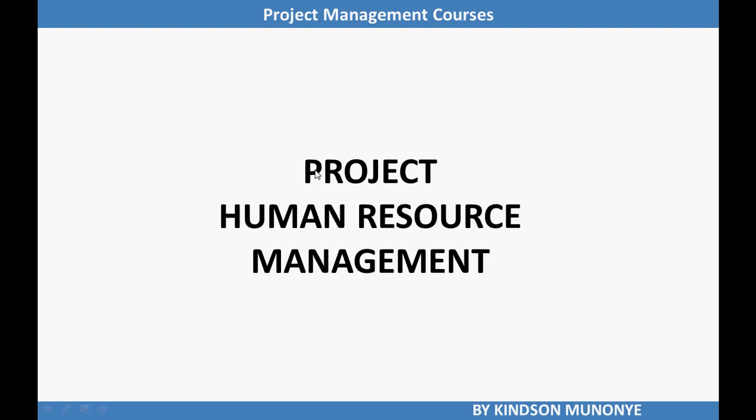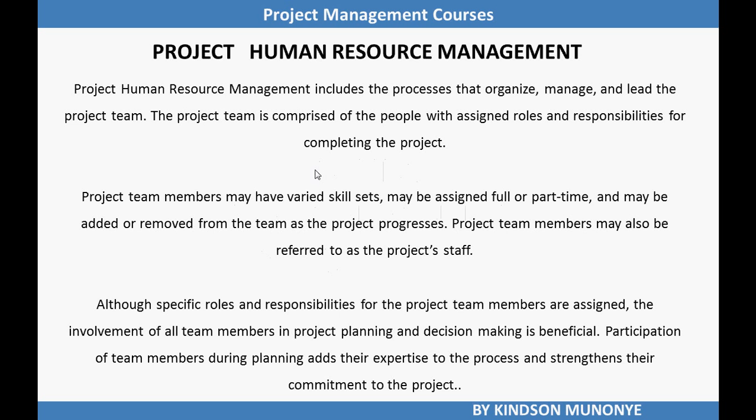Today we are going to look at the various processes under the Project Human Resource Management knowledge area. The processes are Plan Human Resource Management, Acquire Project Team, Develop Project Team, Manage Project Team. So let's go into the discussion of Project Human Resource Management.